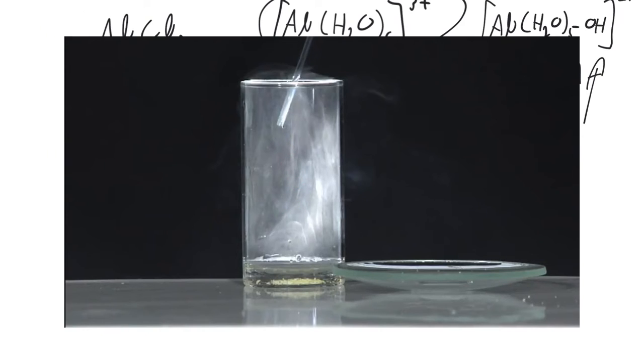It is very exothermic. It gives out a lot of heat, and if we add a large excess of water, that solid aluminium chloride crystals will eventually disappear completely. The pH of the resultant solution, will it be acidic or will it be alkaline? It will definitely be acidic, because as we've seen, some of those water molecules can donate H+ ions or protons and act as acids, so that will decrease the pH of the resultant solution.